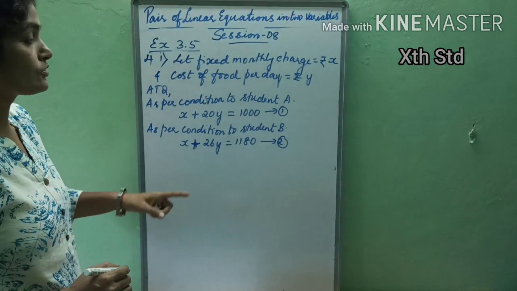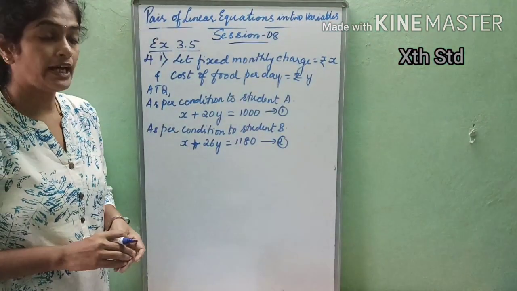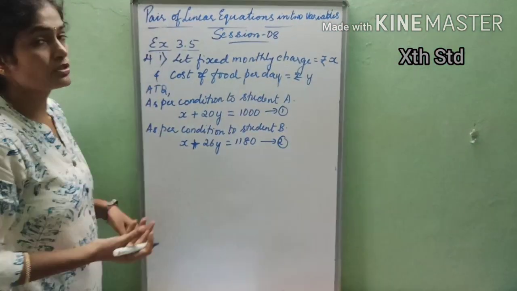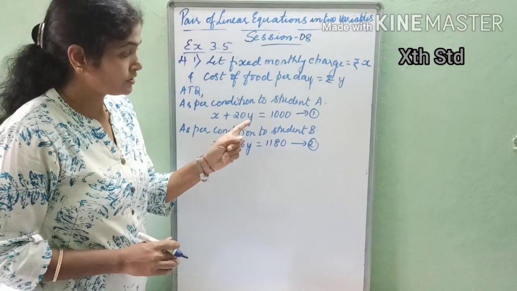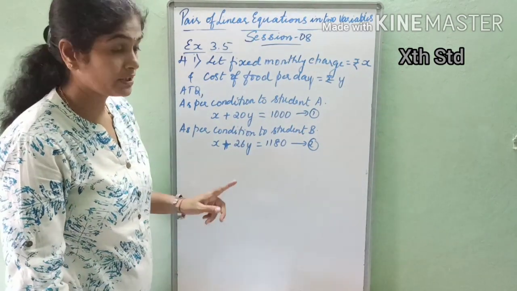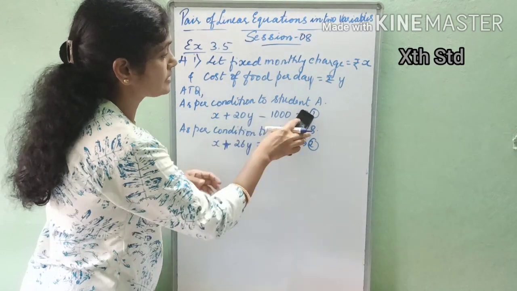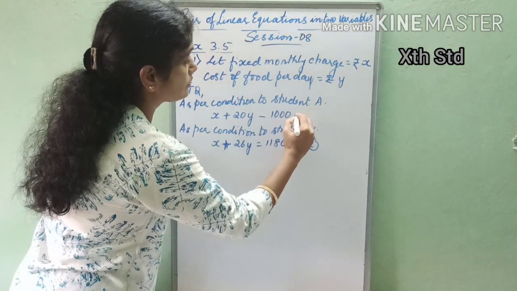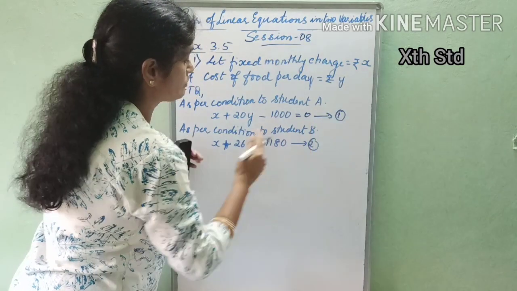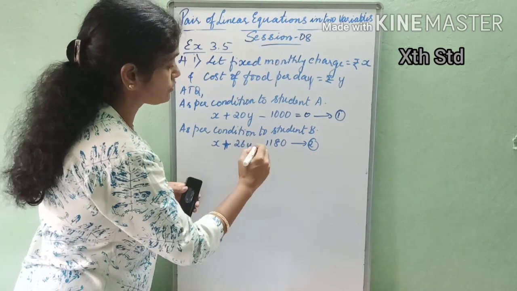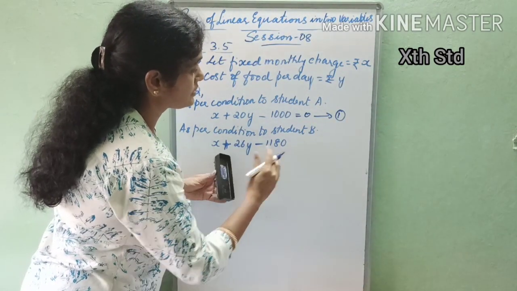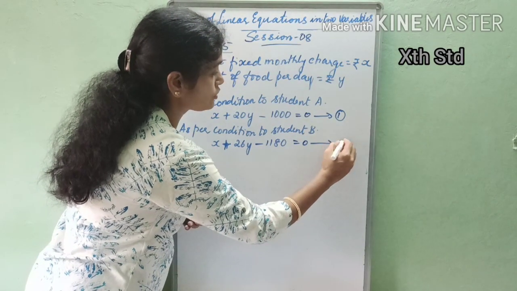Now solve these two equations by any of the algebraic methods. Now I will use cross multiplication. Before solving with the cross multiplication method, we will write them in the standard form. So this equation 1 in the standard form will be equal to 0. This is equation 1. Then if this constant comes to the other side, this is equal to 0, equation 2.